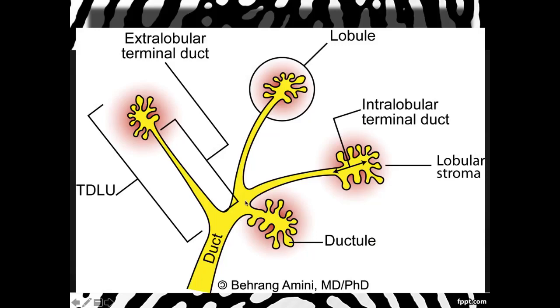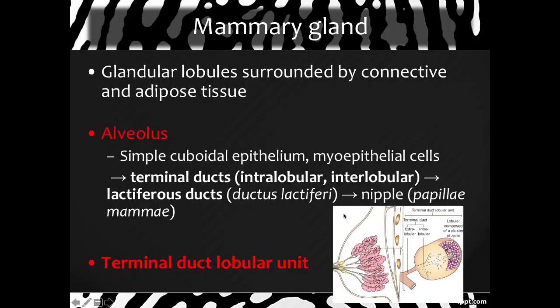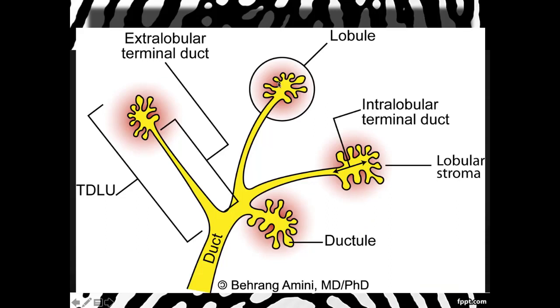So there is the branching of the duct, you can see that this is the lactiferous duct. Then it branches into the interlobar and interlobular ducts, and then the last terminal, the intralobular duct, which then branches into the lobules.